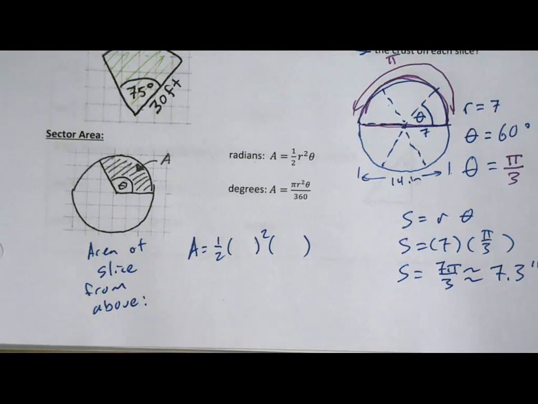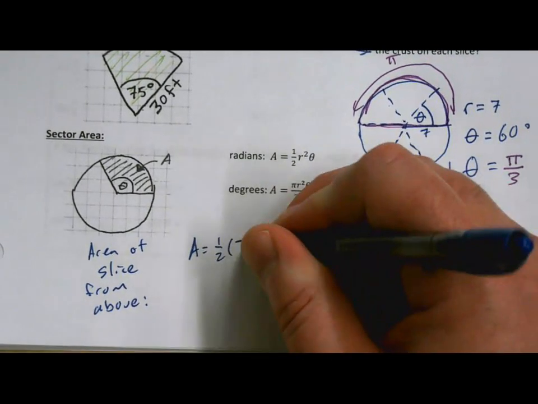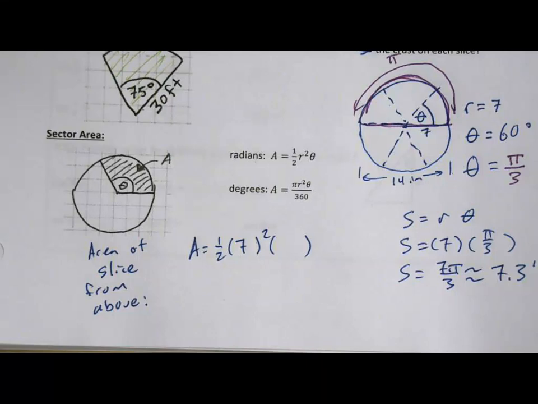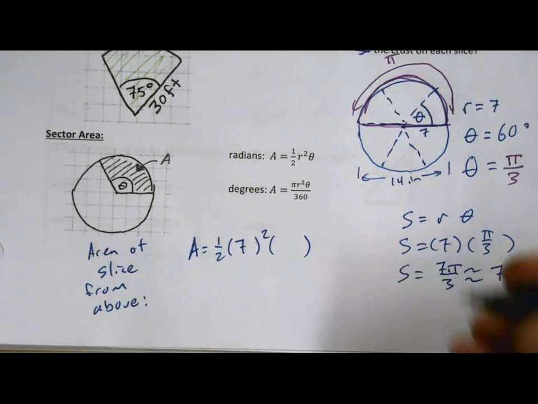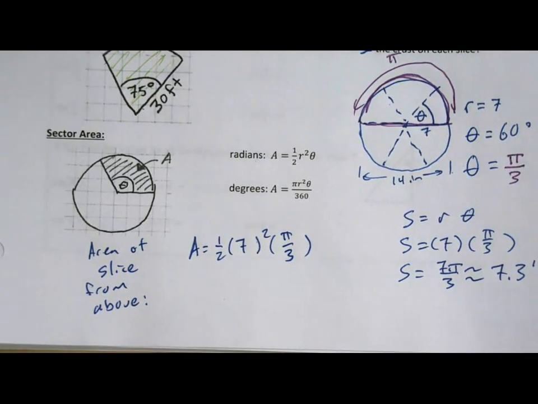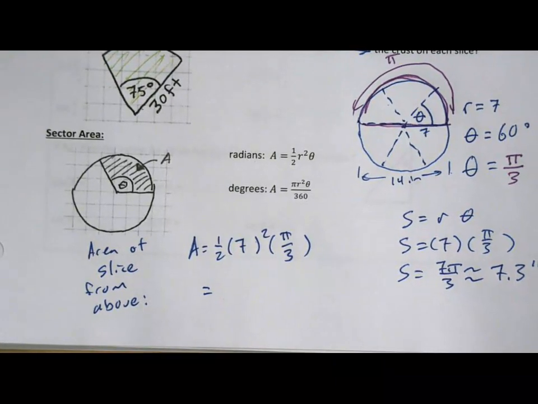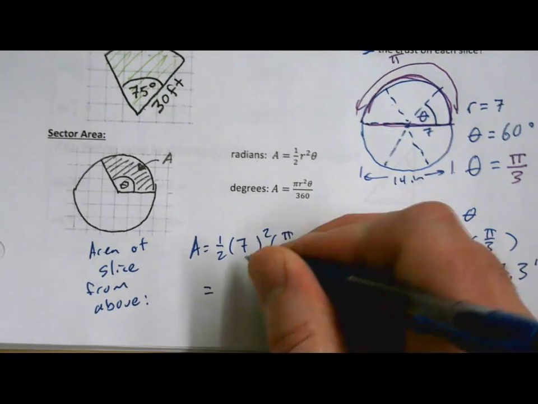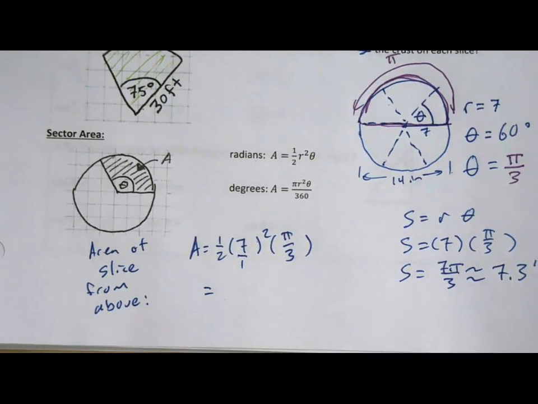All right. So radius is 7. And then I'm going for the one with the radian version, so I'm using my pi over 3 again. All right, what do we got there? If I turn this into a fraction, we got 1 times 7 times 7 times pi.